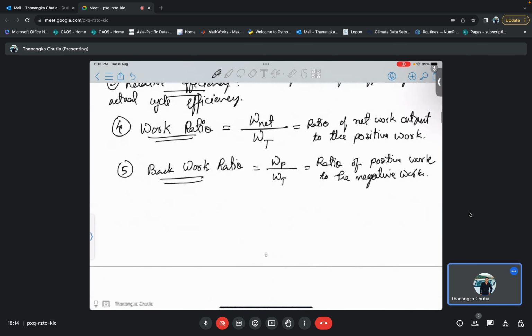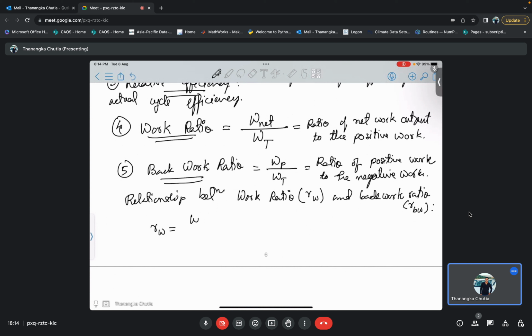Now we can establish a relationship between work ratio RW and back work ratio, that is RBW. What we know is that RW is basically W net by WT.